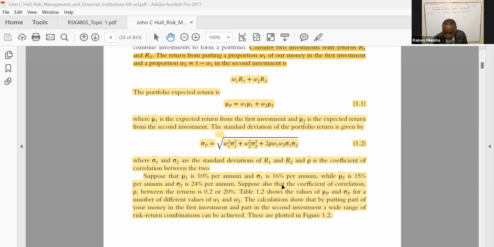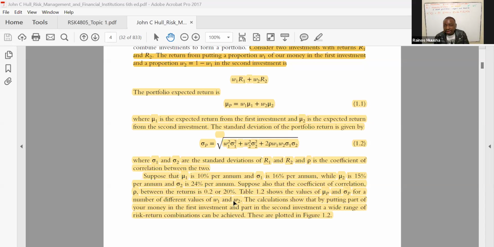Then they say, suppose also that the coefficient of correlation between the returns is 0.2, or in percentage terms 20%. Table 1.2 shows the values of mu and the standard deviation of the portfolio for a number of different weights for asset 1 and asset 2.